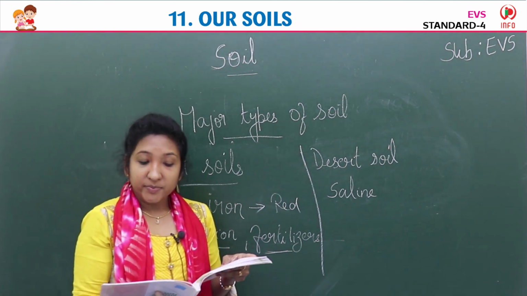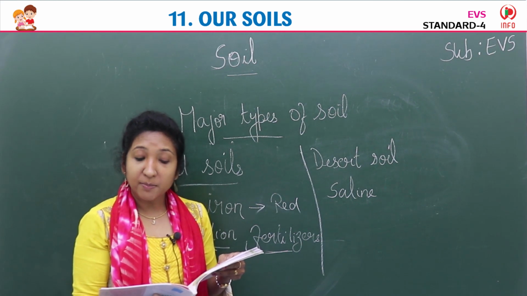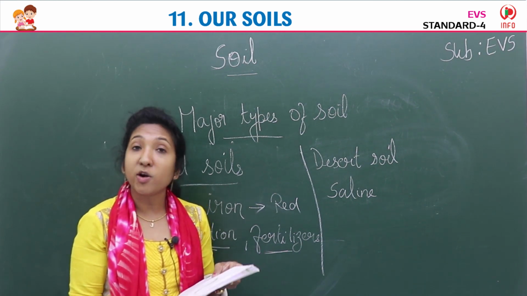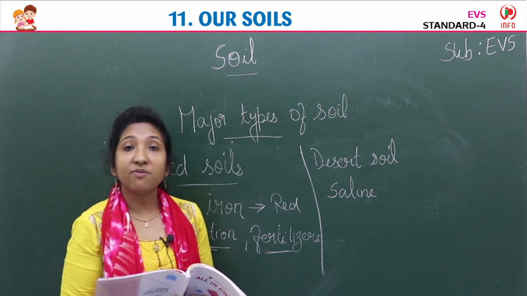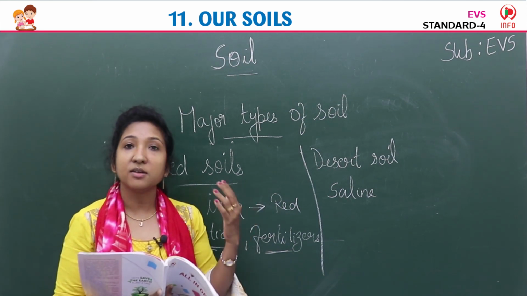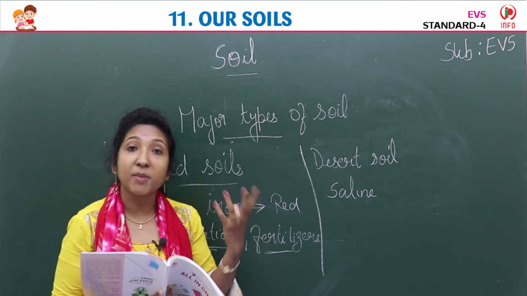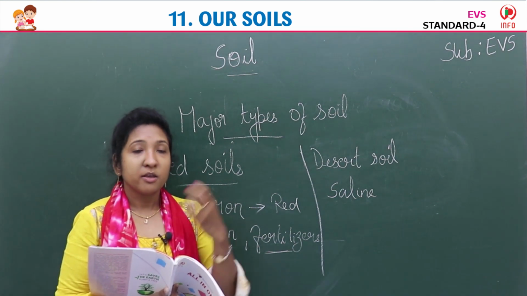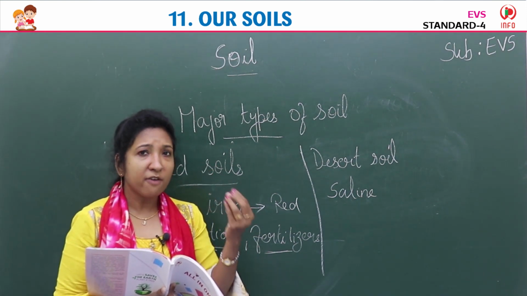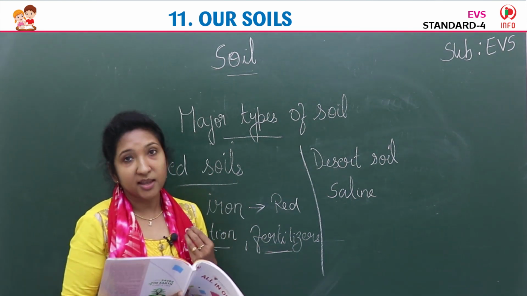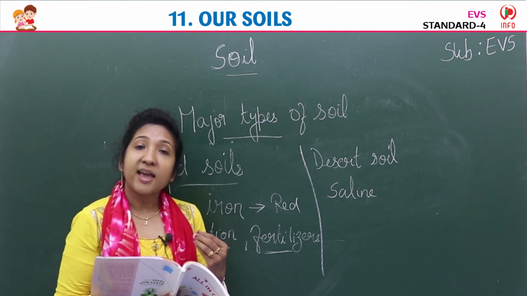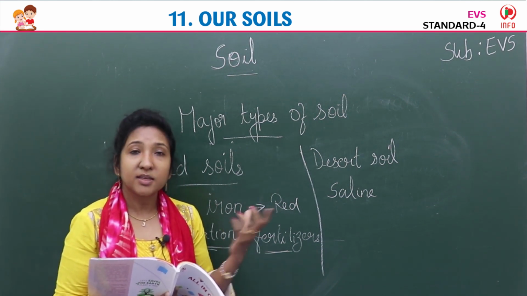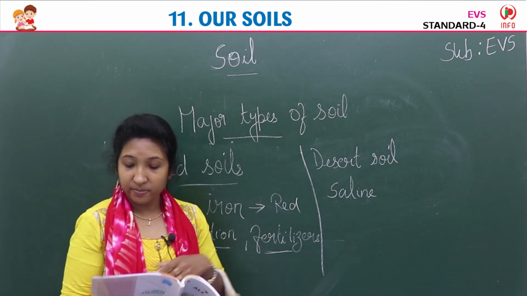In spite of that, cultivation can be carried on with the help of modern irrigation. Children, we have many modern irrigation techniques or methods nowadays. If we use any of these modern irrigation techniques, then we can cultivate some crops in this desert soil.